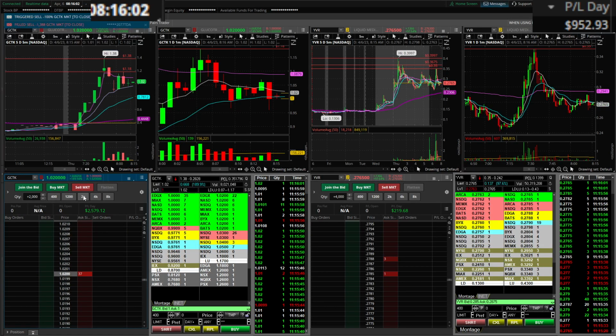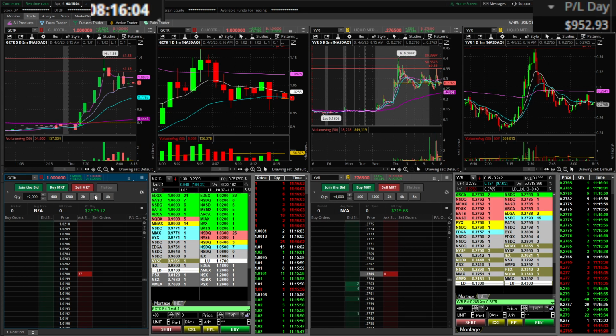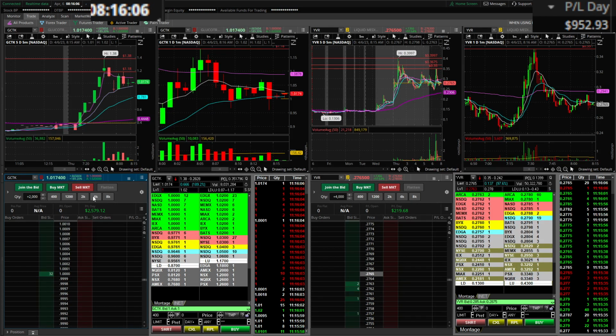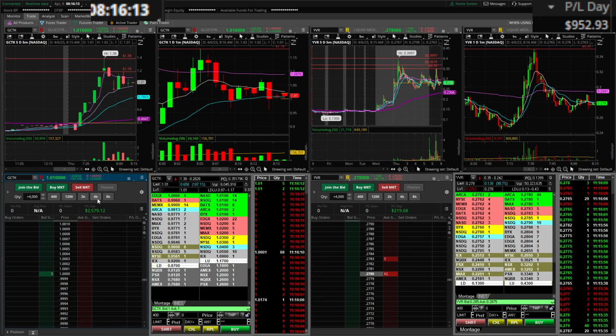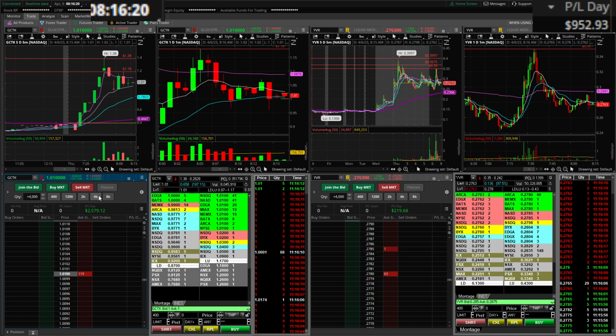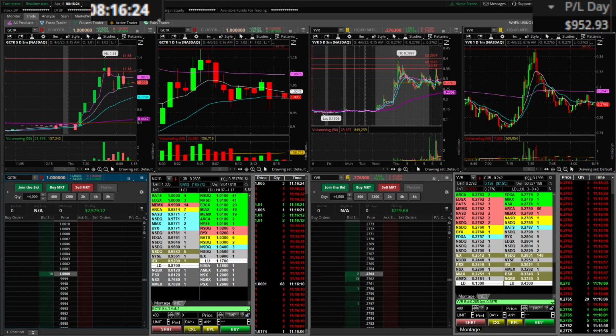I don't like the light volume on this candle. So the volume completely died off after that spike.